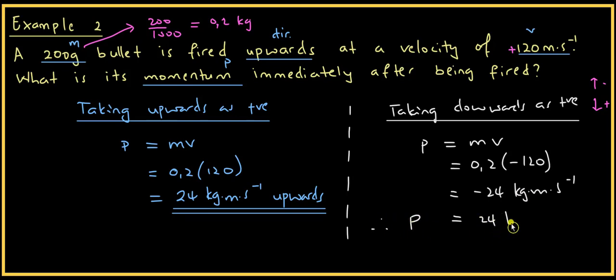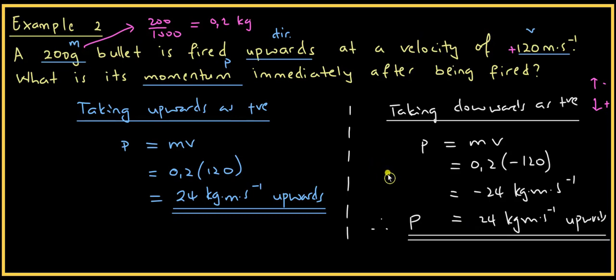Therefore, P is equal to 24 kilogram meters per second upwards, since I have taken up as negative and down as positive. So that is how we do our momentum calculations. Very interesting, very simple also, but very profound.